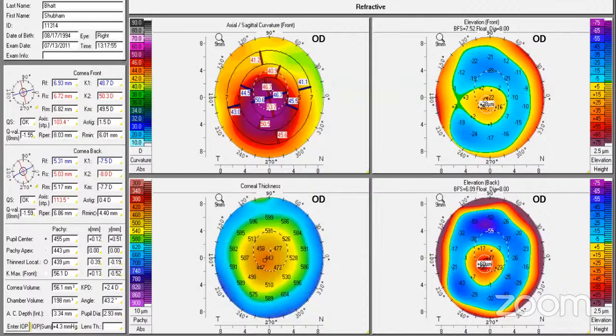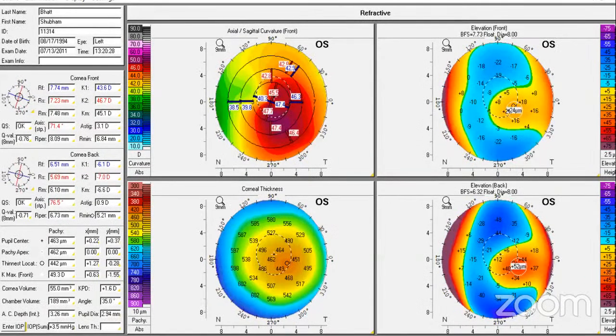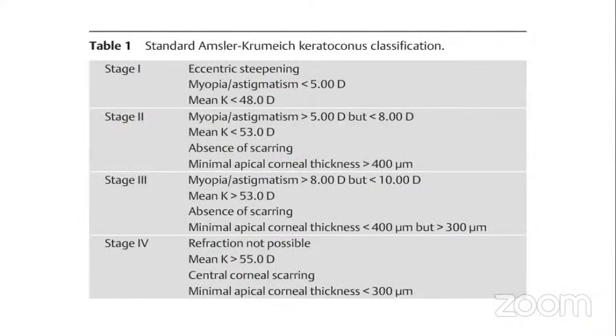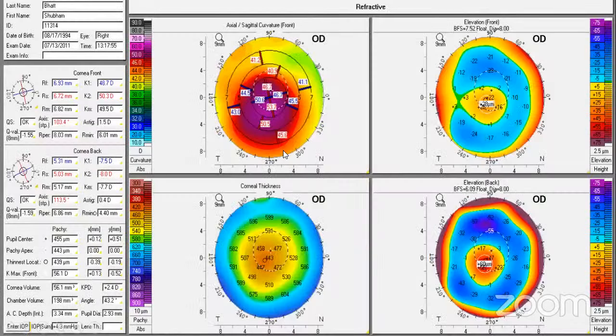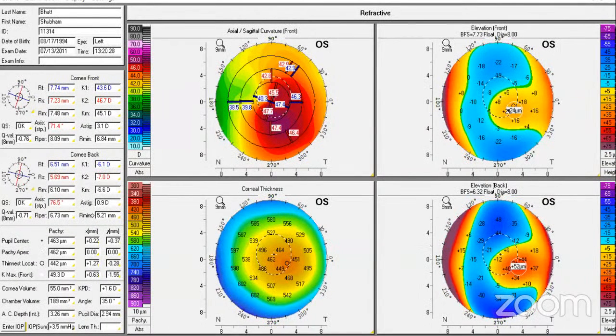So now coming back to the case, this is a case with the right eye showing moderate keratoconus, and the left eye showing mild keratoconus. As we can see here in the classification, stage 1 is less than 48, mild keratoconus, stage 2 is moderate, and more than 53 is advanced keratoconus, stage 3 and 4. So here, as it is more than 47, it comes under moderate, and this is less than 48, it comes under mild.